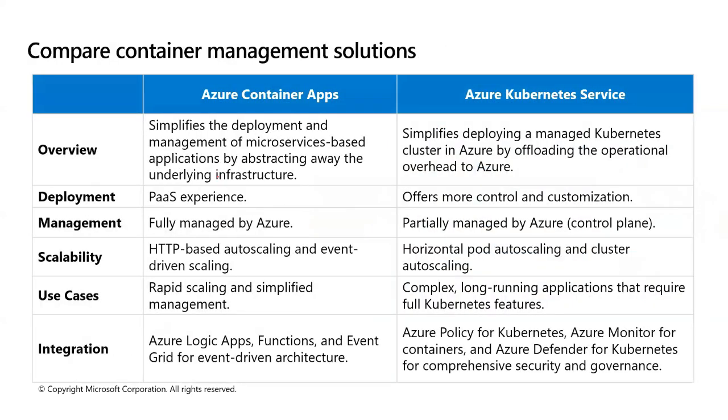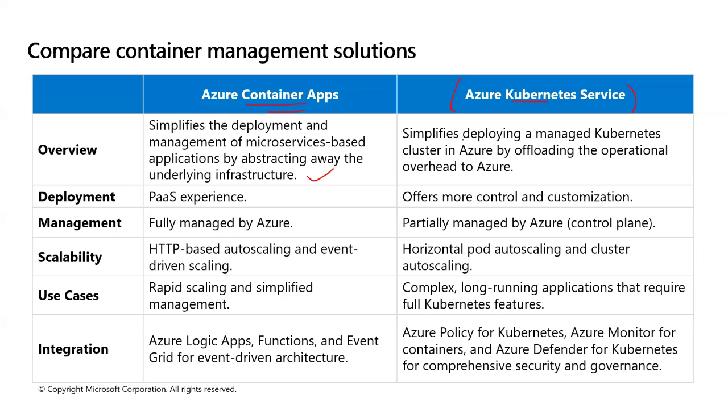And what is the difference between Kubernetes and container apps? This is what they've given here. Kubernetes, they removed, guys. It is a standalone service now. That means they have added it to the 5-day, 6-day course, I think something around a 40 to 50 hours course, right? So when it comes to comparison, container apps simplify the deployment and management of microservices-based applications by abstracting away the underlying infrastructure.